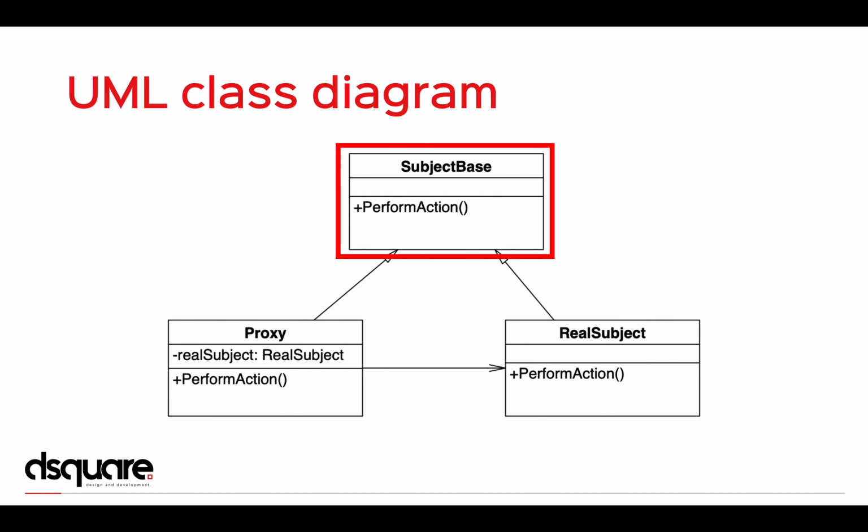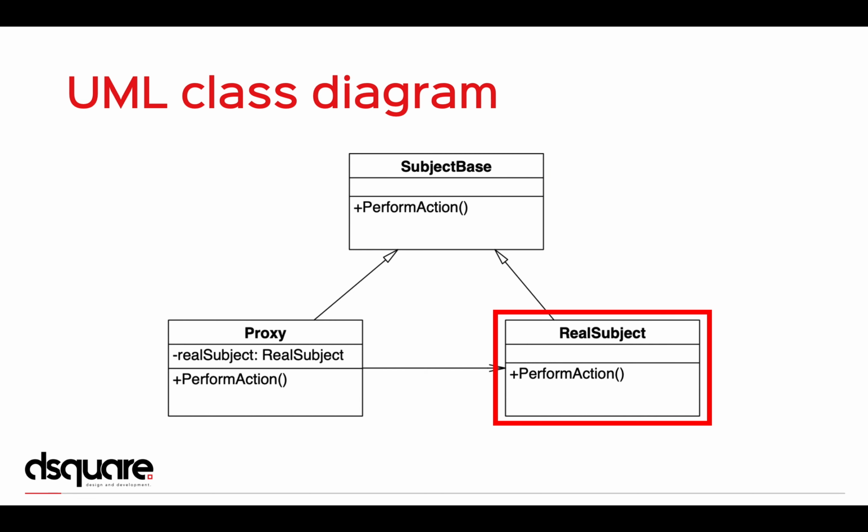And to accomplish this, they need a shared common base. Now in this case, the subject base provides that shared common base. For this example, the subject base has a single method called perform action.